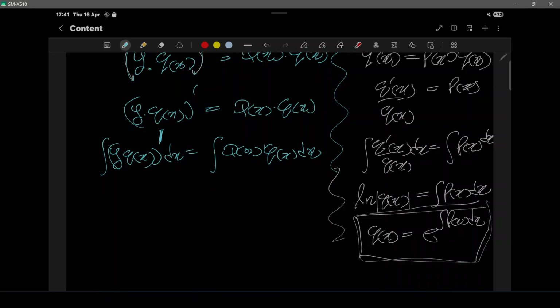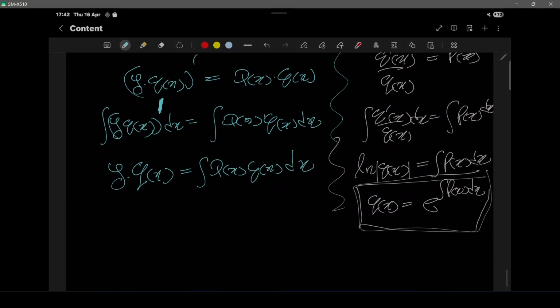Since this is a derivative, we can simply write it as y times Q(x), which is equal to the integration of Q(x) Q(x) dx. So we will solve the equation.